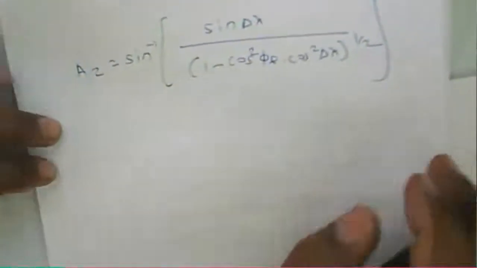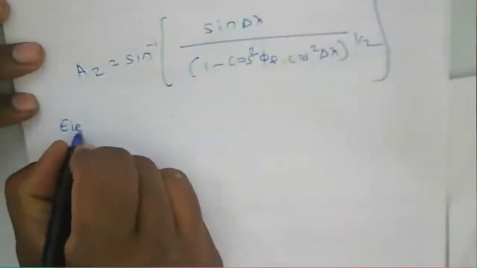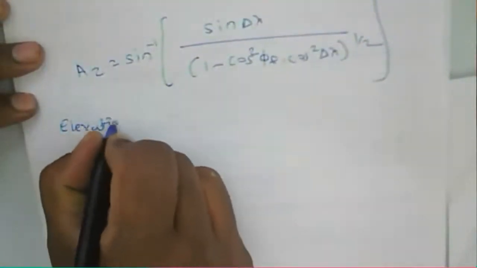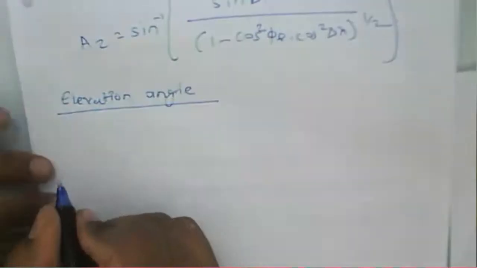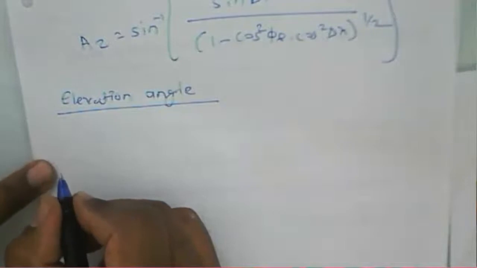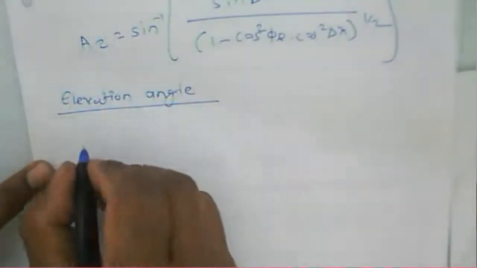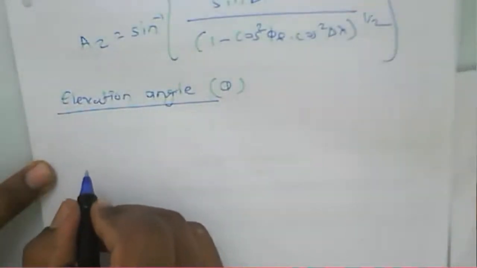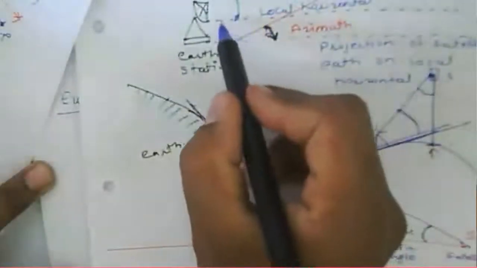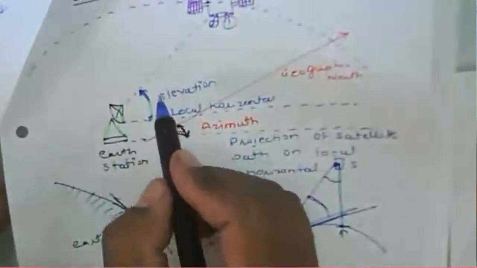And the elevation angle, that elevation angle is the angle, okay, that we can say theta here of the earth station, or the angle measured from the local horizontal to the satellite point.